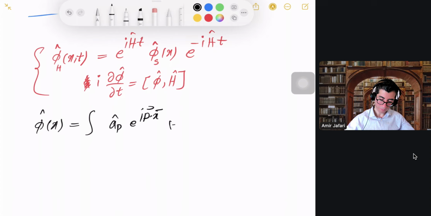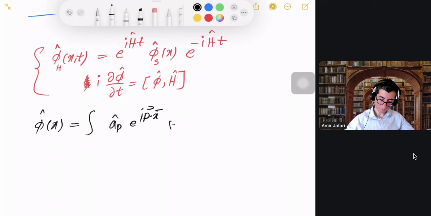Okay, so this was the reason that we had this form for the Fourier transform. Now, if you write phi(x,t) in the Heisenberg picture, there's no need to write this H, because when you write phi(x,t), it means that your operator also depends on time.